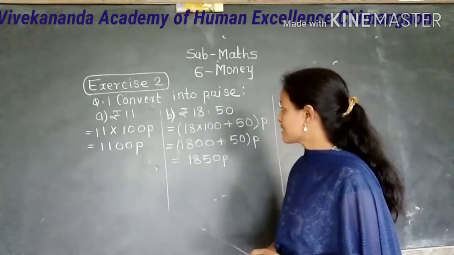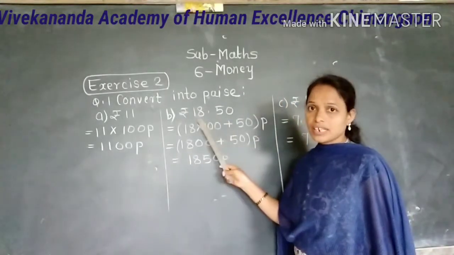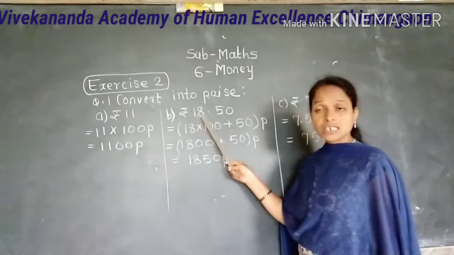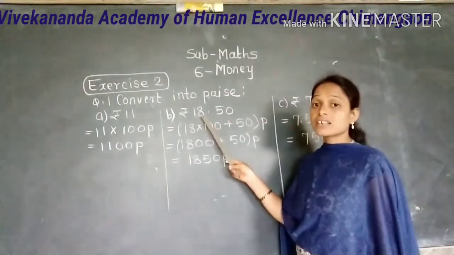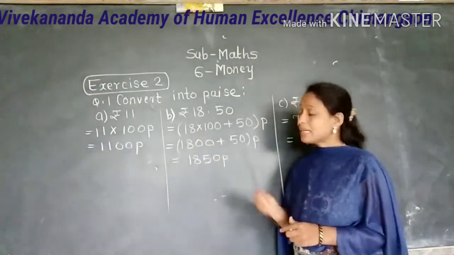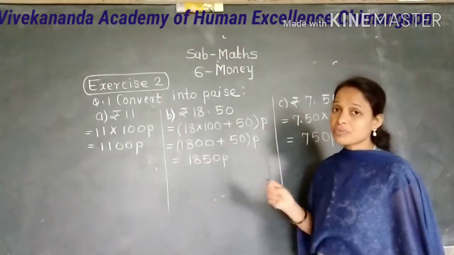Next example, see 18 rupees 50 paise. You have learned that to convert the given number into paise, you have to multiply by 100. But here 18 rupees and 50 paise are given, so we have to convert only the part given in rupees.